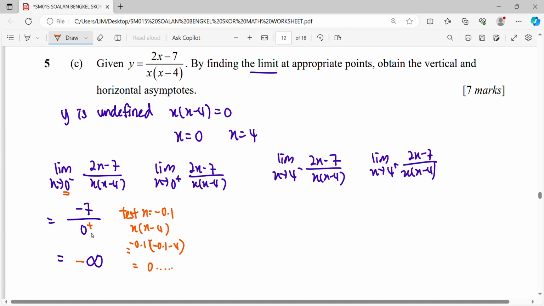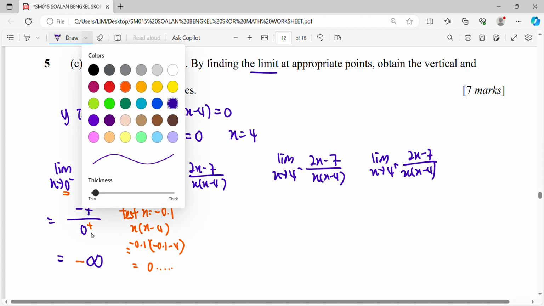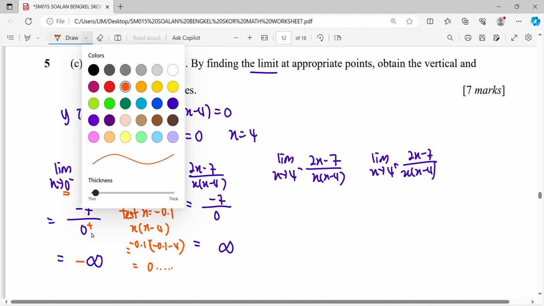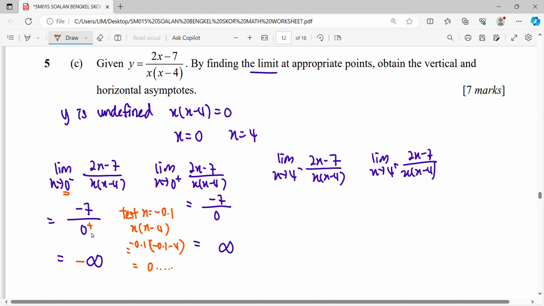Alright, so we can repeat for this part. Substitute 0, negative 7 over 0, infinity. So what value do you want to test here? 0 from the positive side, so we test x equals 0.1. Substitute where?